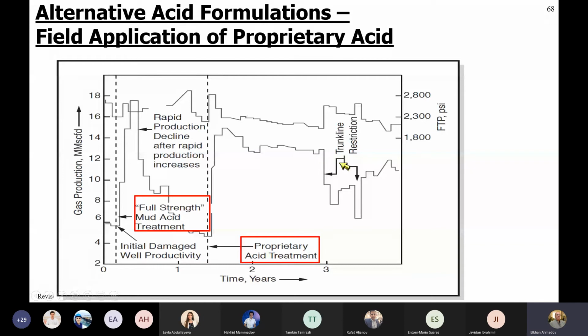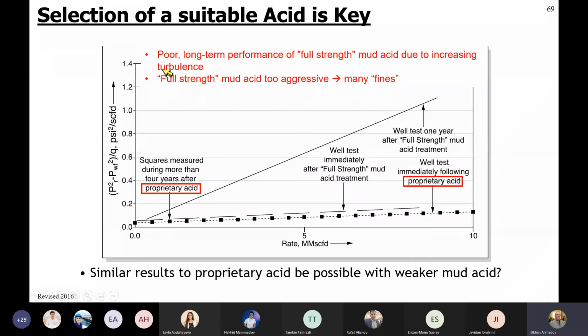Here is another example of the proprietary acid. So here also this plot is showing the rate of the gas against the pressure. So the higher pressure to get this rate, the more energy is used, or more depletion of the reservoir.